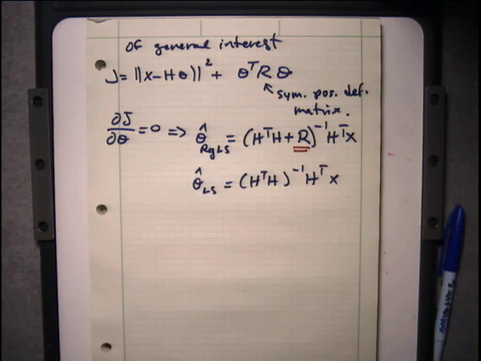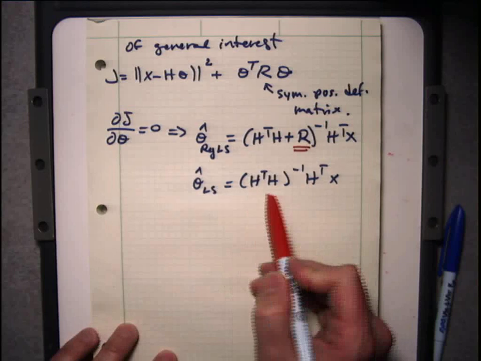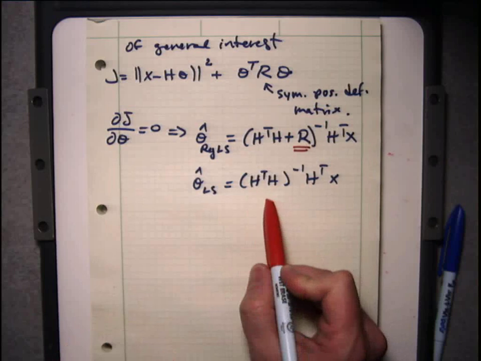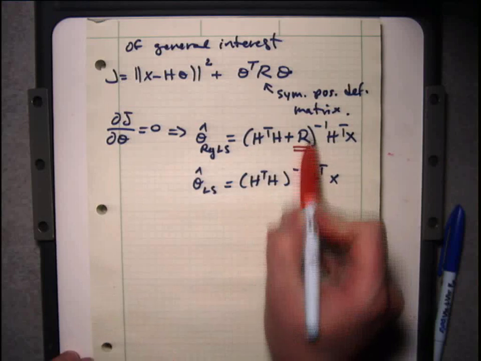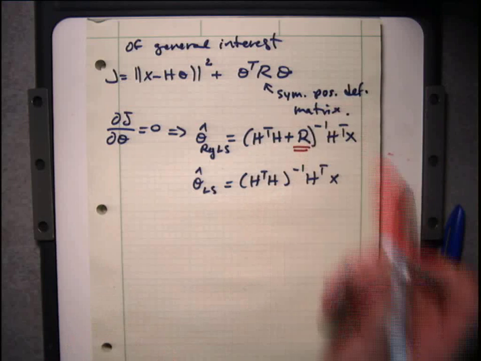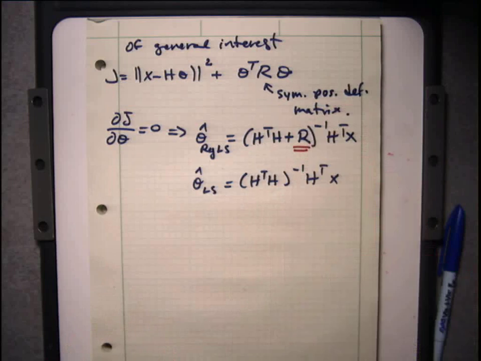Okay? So if this guy is difficult to invert because it has eigenvalues that are close to 0, then putting a symmetric positive definite matrix pushes those eigenvalues away from 0 and keeps them more stable.